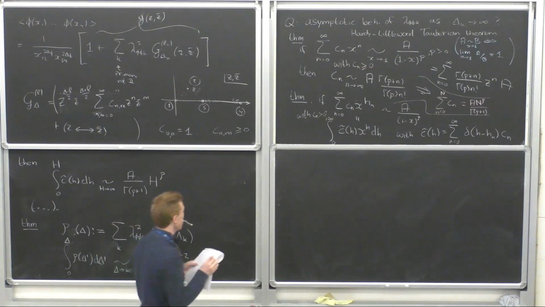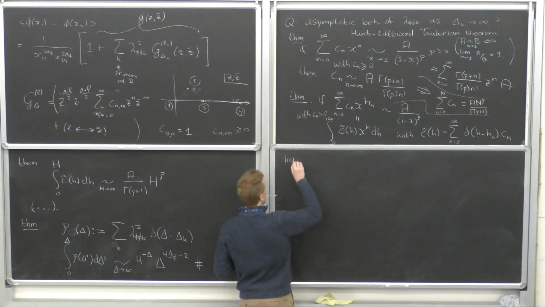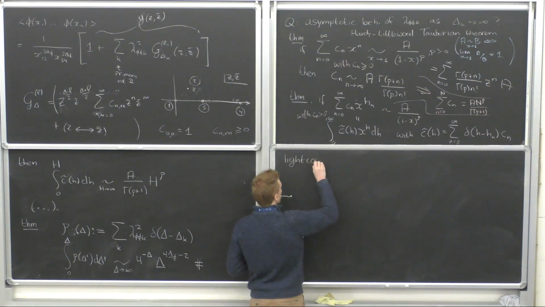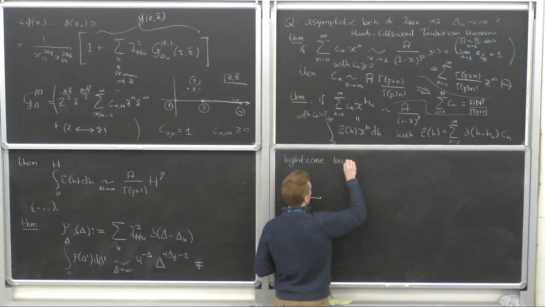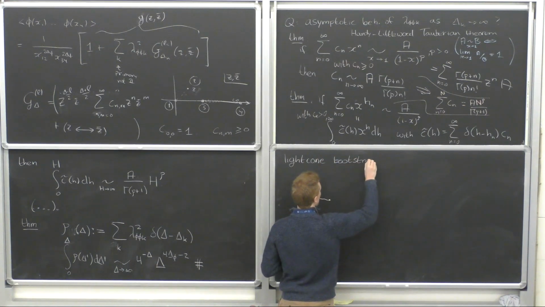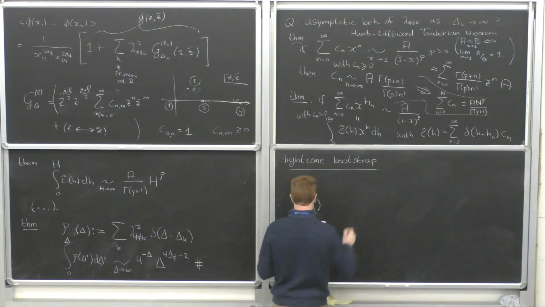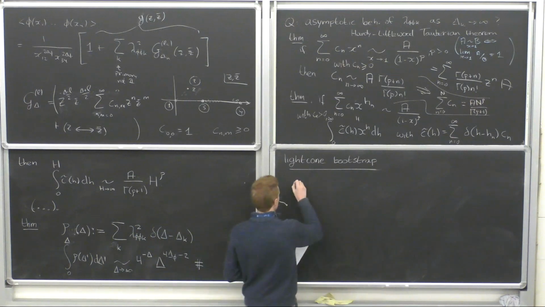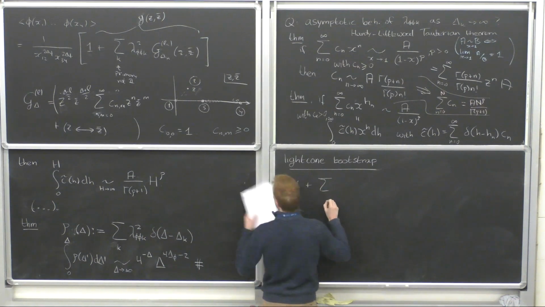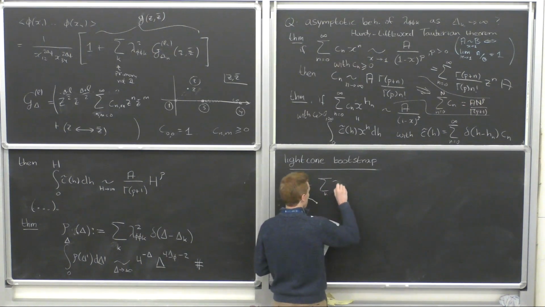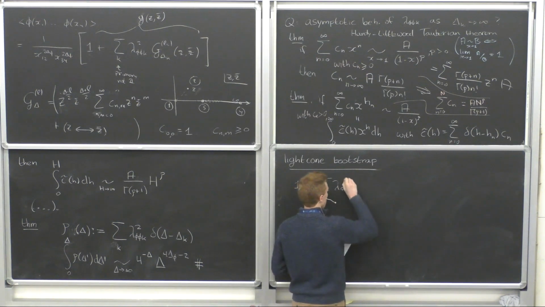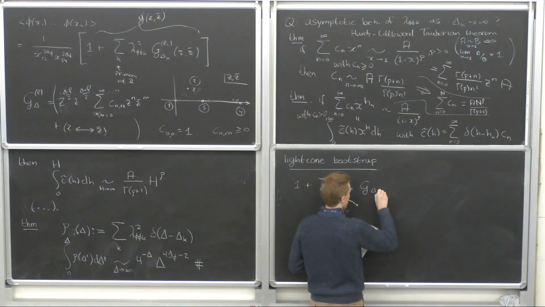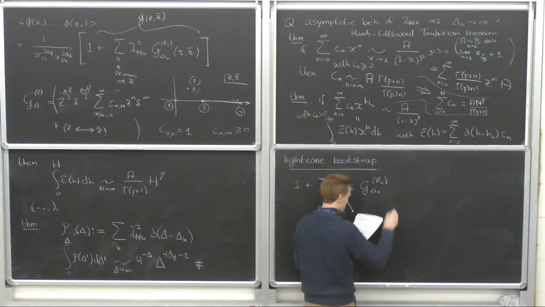And so there's a nice trick which goes under the name of light-cone bootstrap, which is the following statement. Let me write again this function g, lambda phi phi k squared g delta k lk.